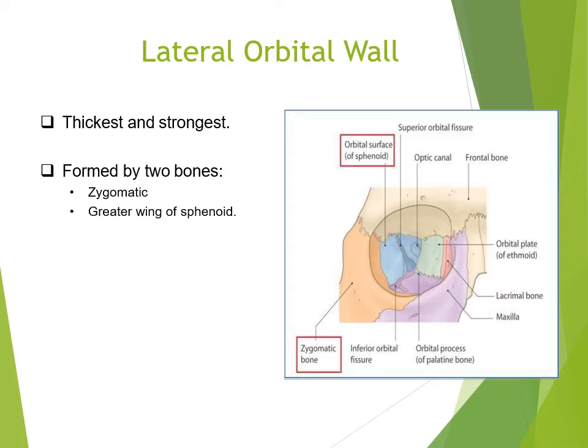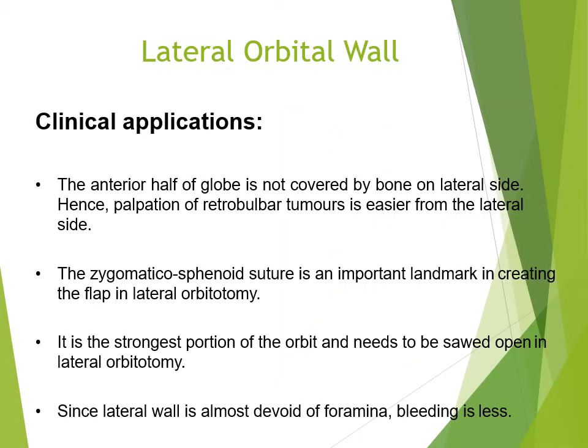The lateral wall is the toughest wall amongst all the walls. It is the thickest, made up of the zygomatic bone as well as the greater wing of the sphenoid. What are the clinical applications? The lateral half of your globe is covered. It is a protective wall because it is the toughest.